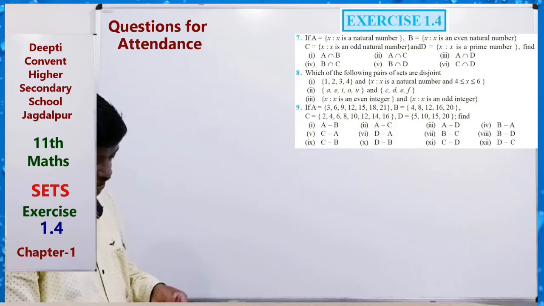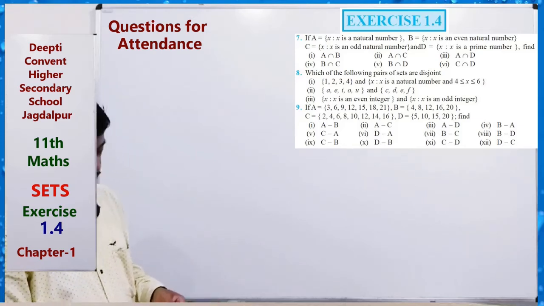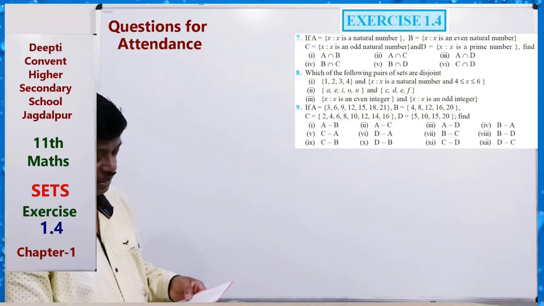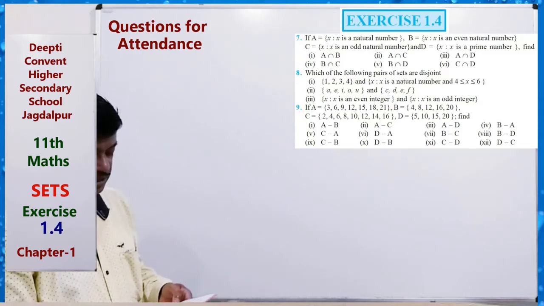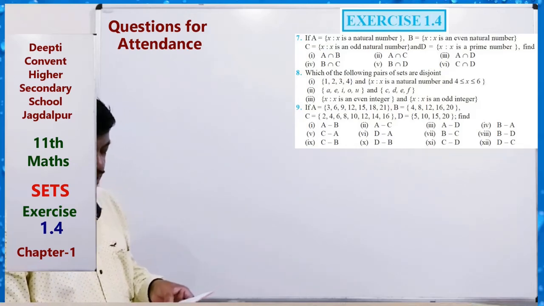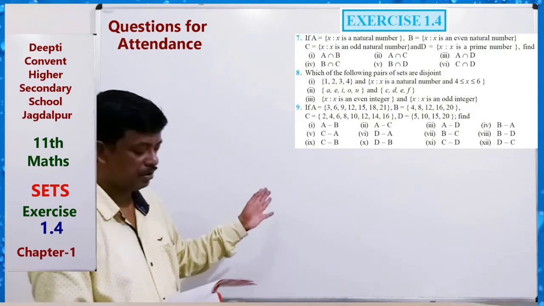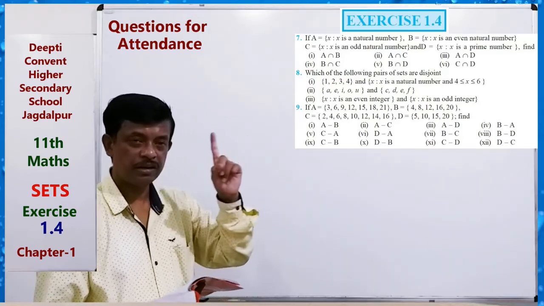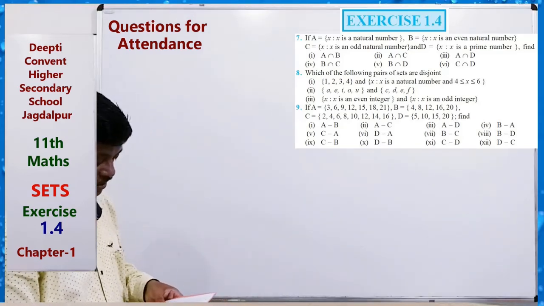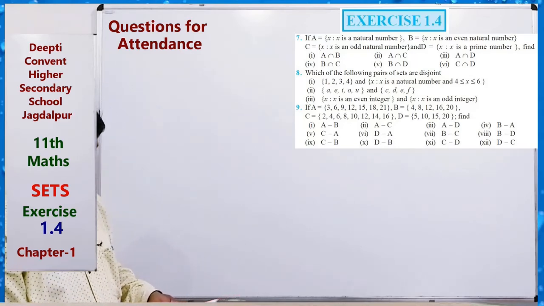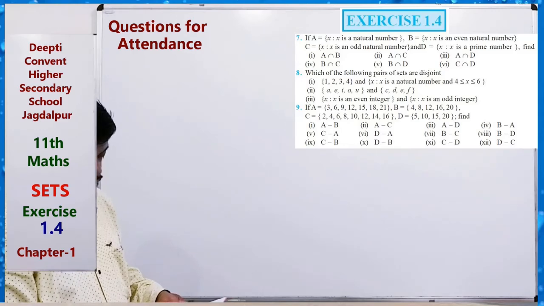Now take question 9. There are sets A, B, C, D given. Find A minus B, A minus C. Only the difference you have to find. A minus B means write all the elements of A which are not in B. So here B contains 12.